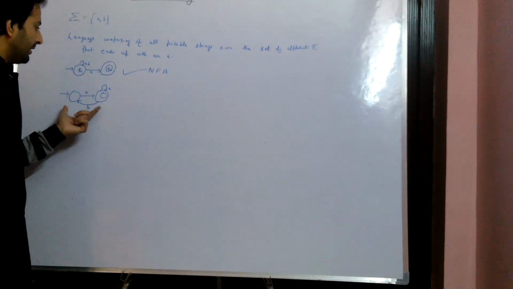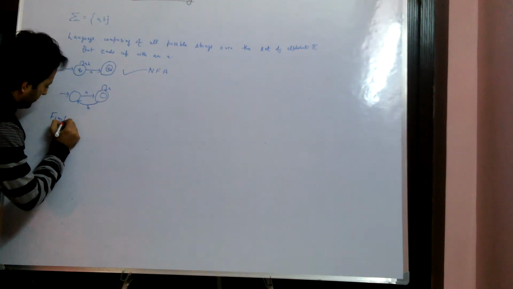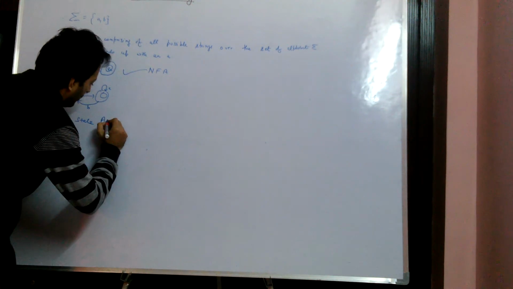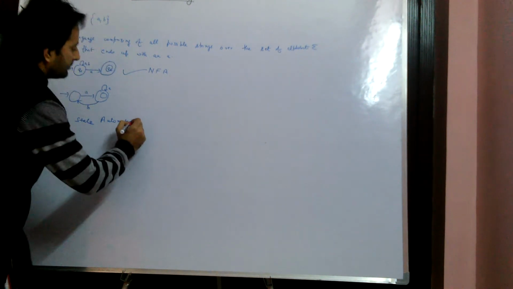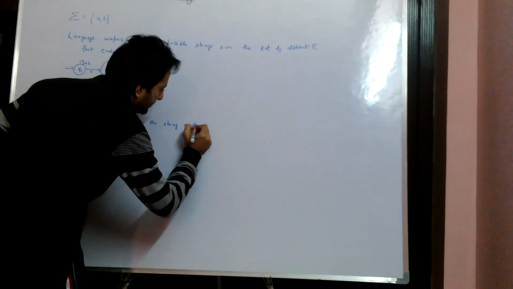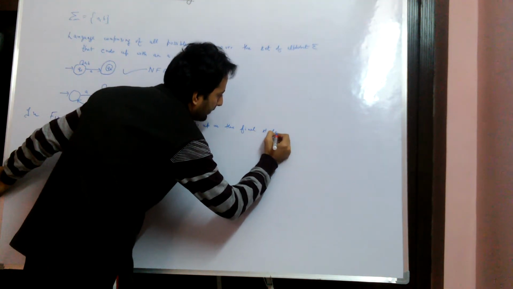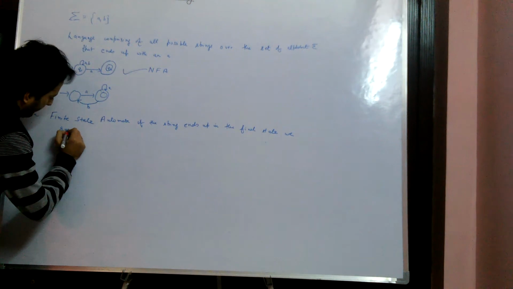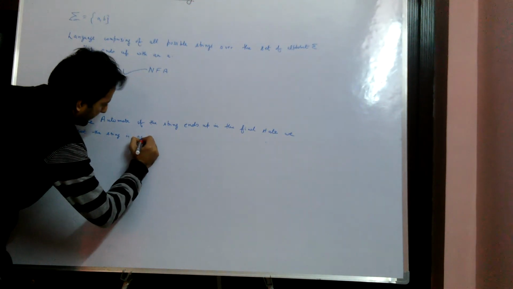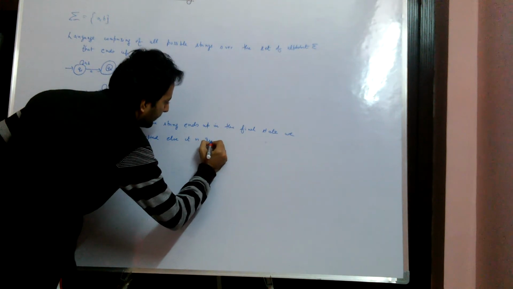Why I'm representing it this way is because there is one more point: in finite state automata, if the string ends in the final state, we say that the string is accepted, else it is rejected.